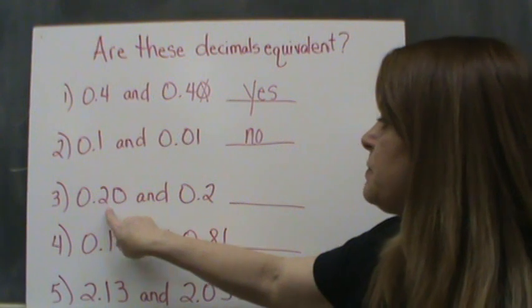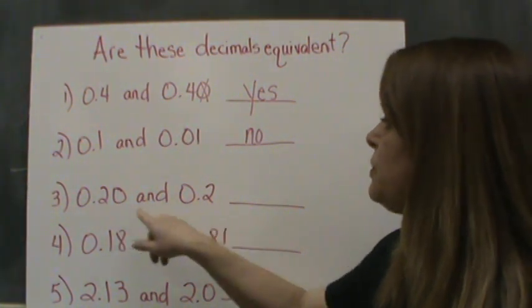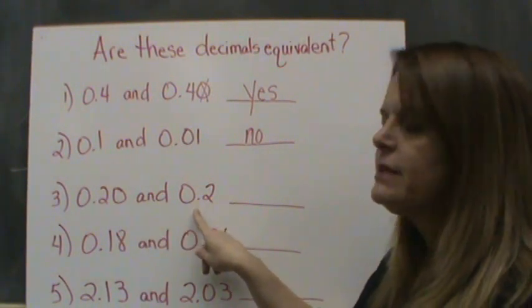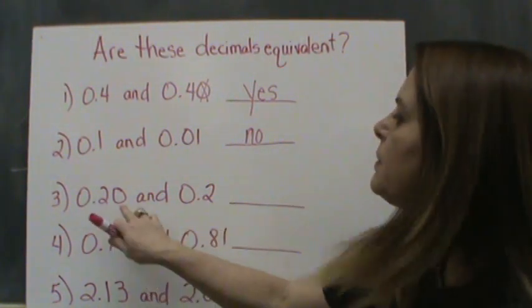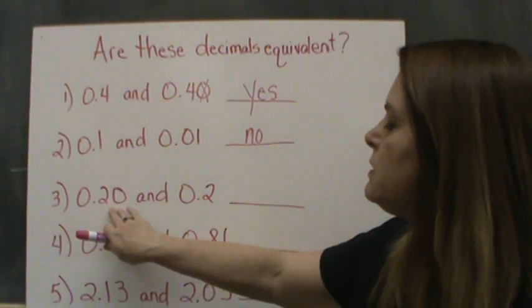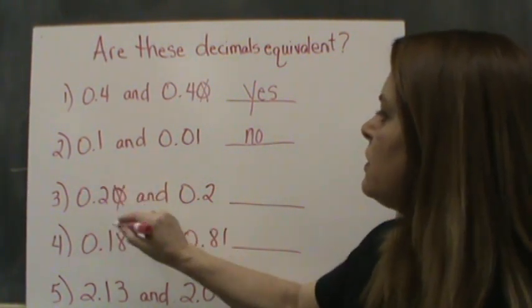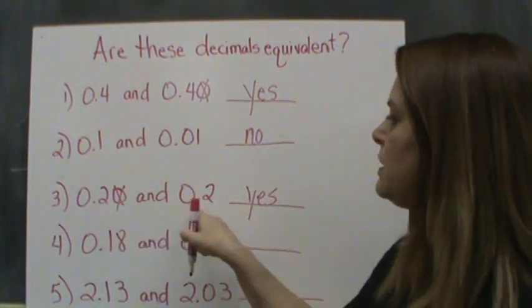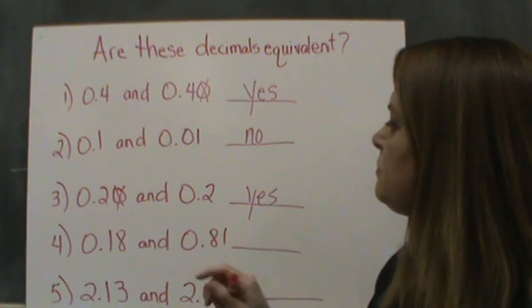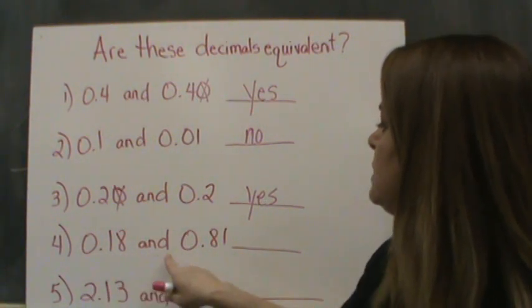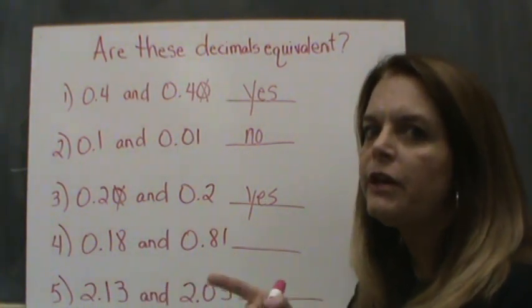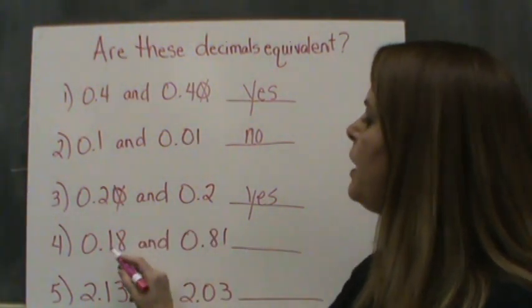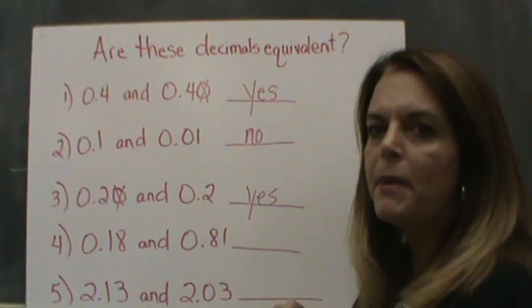How about 0.20 and 0.2? Here I have 20 hundredths, and here I have 2/10. Are these the same? Yes, because my zeros come after my non-zero digits. I could cross that out if that helps me, and I can see very easily that these two decimals are equivalent. How about 0.18 and 0.81? If you're going really fast and not paying attention, you might get tricked here. The numbers are the same, but number order matters.